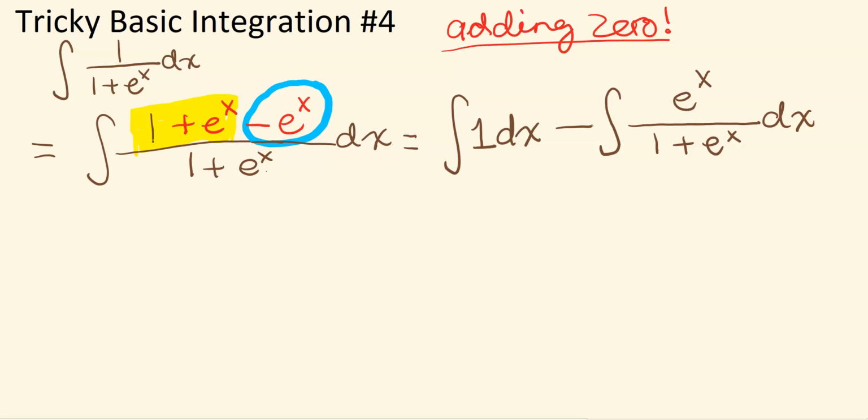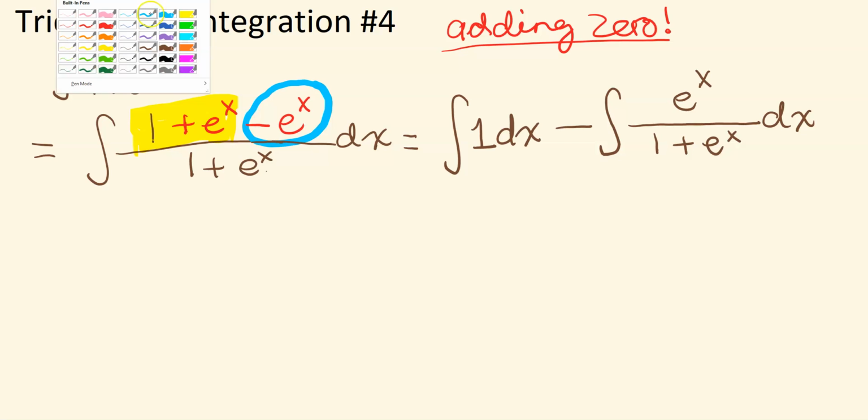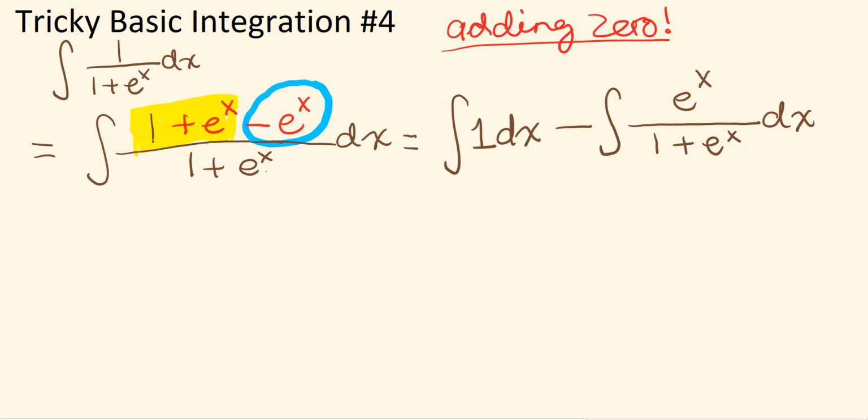Now take a look at the second integral right there. The second integral basically is a u substitution problem that I had thought about earlier. So that would be let u be e to the x plus 1. Then du would be e to the x dx.